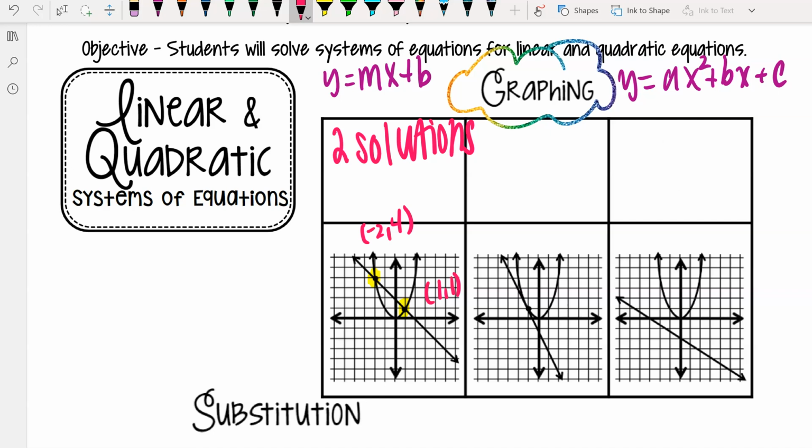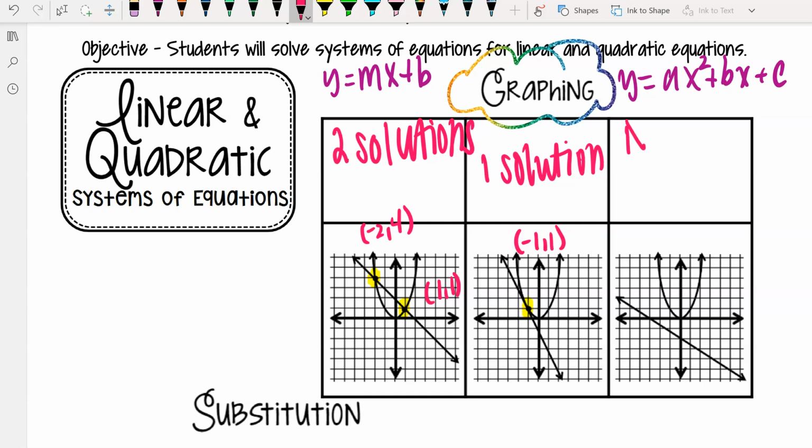The second one you can have is one solution. That means it intersects only one time. If you're looking at the picture, you can see the example only hits the parabola once, and in this case it hits at -1, 1, and so that would be your solution.